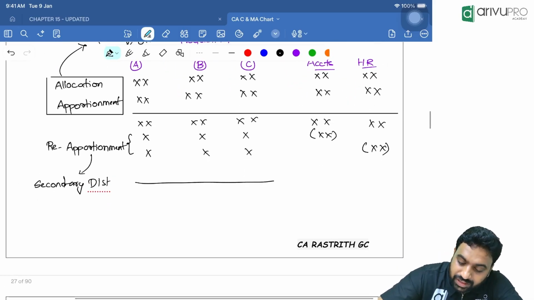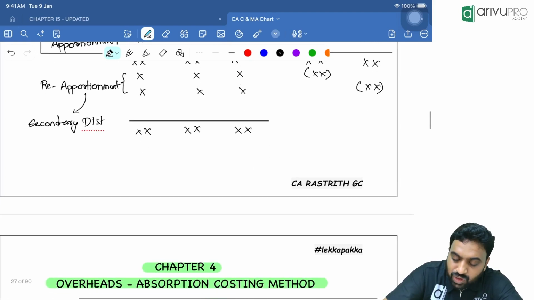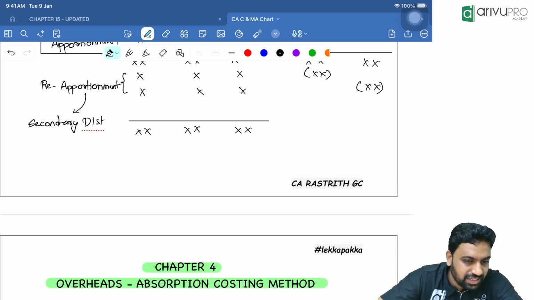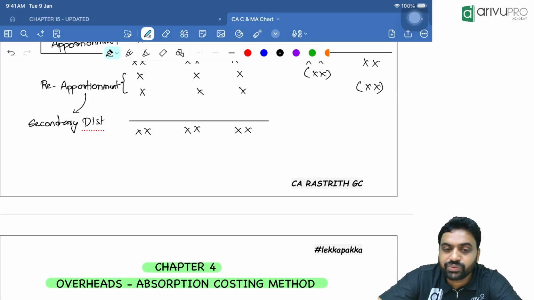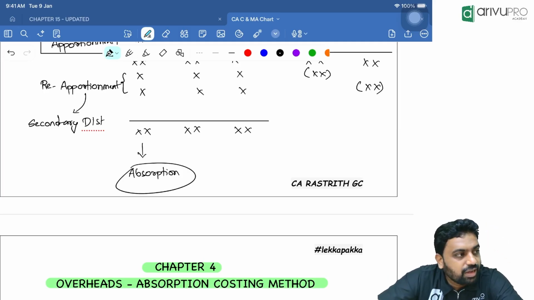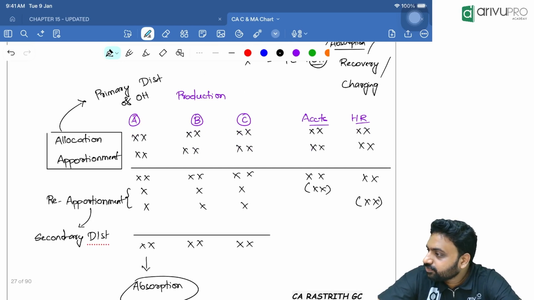Now I know that overheads are only there in department A, department B, department C. Now on some basis, it could be labor hour basis, machine hour basis, or percentage of wages, or percentage of direct material, somehow we are going to charge it to the final product. Now that process we call what? Absorption. That's it. That's all about the overheads. Major thing. Understood now?